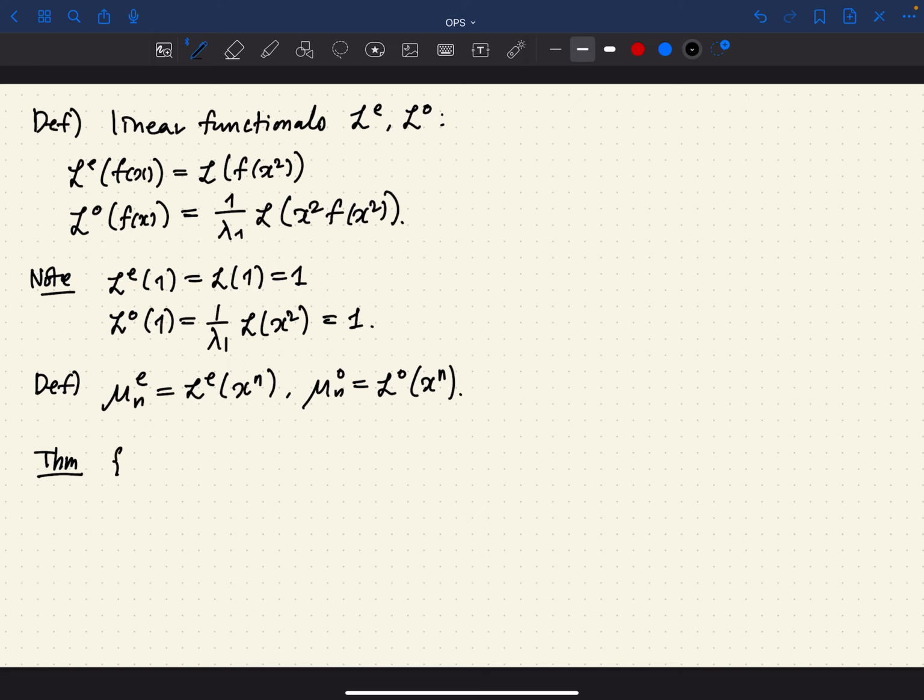Okay. And a nice theorem is that even polynomials are an OPS for this linear functional, and odd polynomials are an OPS for the other one. They are monic, by the way.